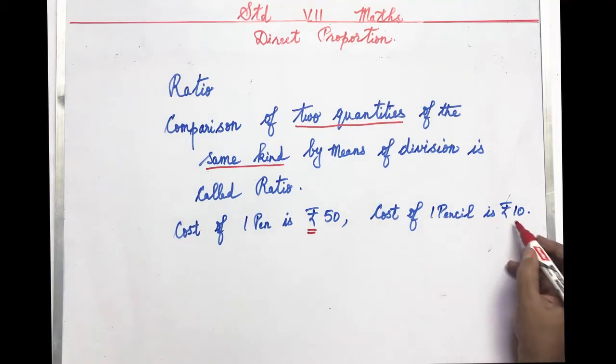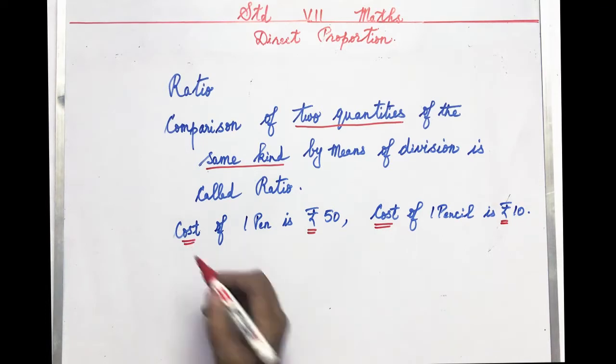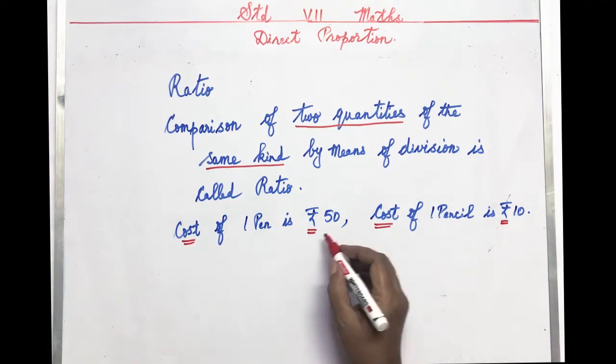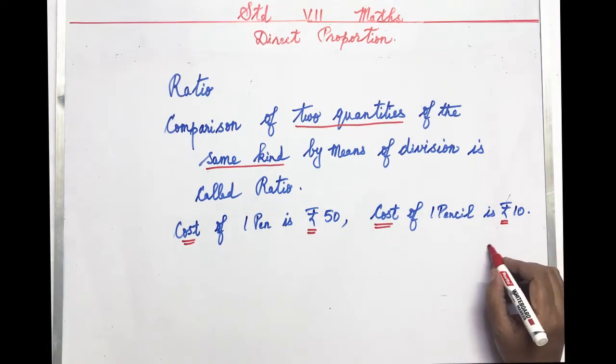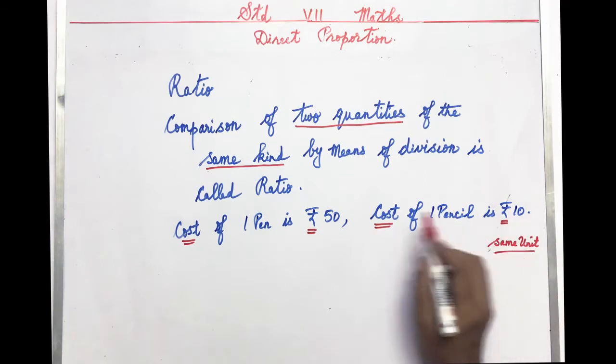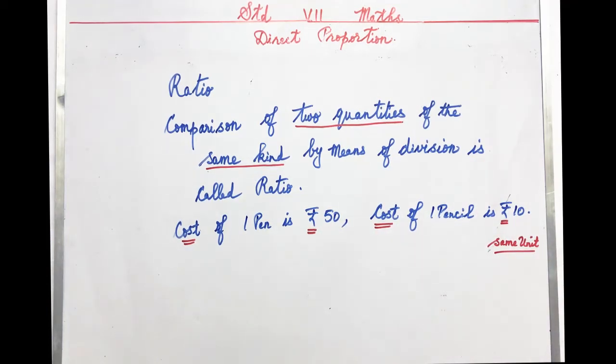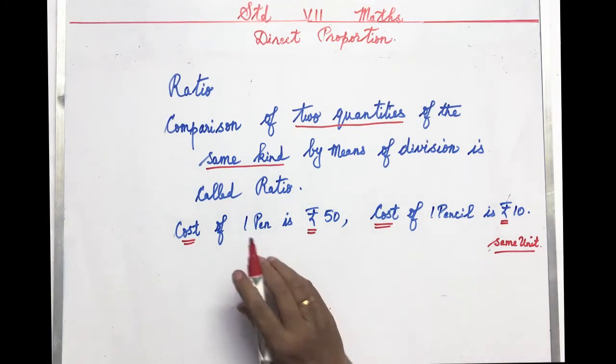Here also rupees, here also rupees, and we are going to compare the cost. So here both are of the same kind. We can also say same unit. What is the unit given here? Rupees, here also rupees. So this comparison of two quantities of the same unit or same kind is ratio.